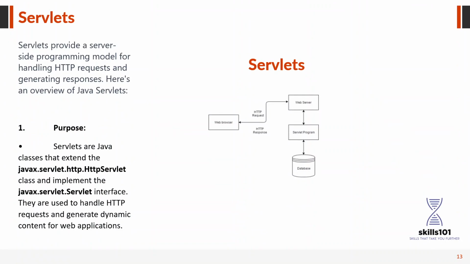Servlet is the most basic way to create a web application, because servlet was created after applets. Applets used to work on the client side, whereas servlets are pages that work on the server side, right? Servlet provides a server side programming model for handling HTTP requests and generating responses.